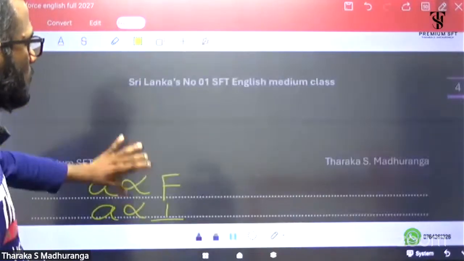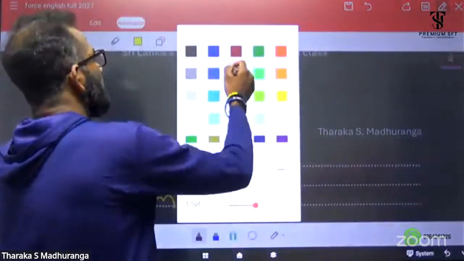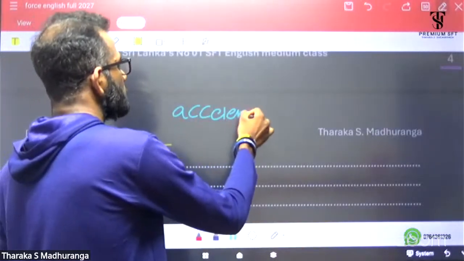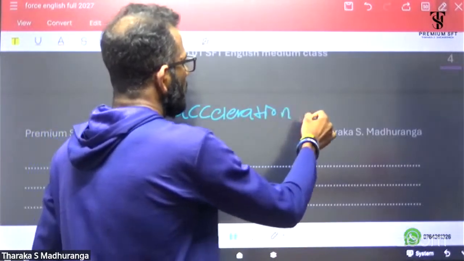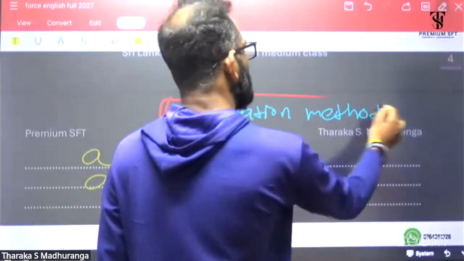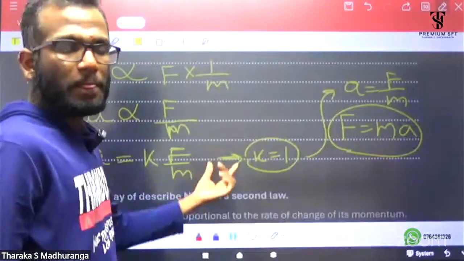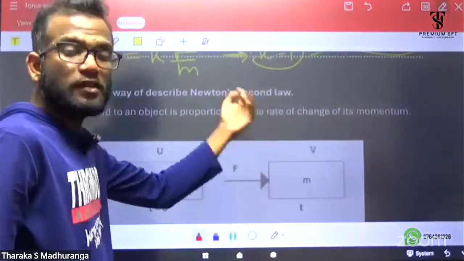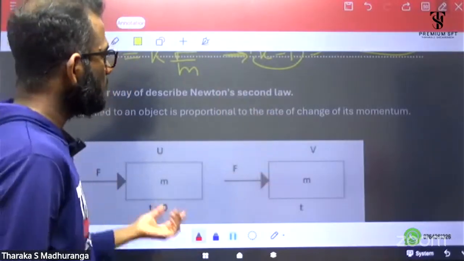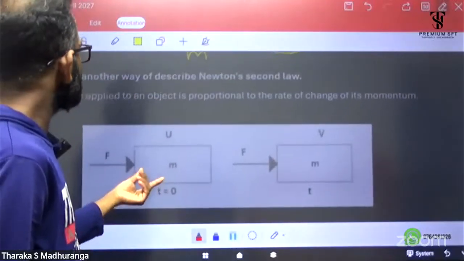Not given. In the acceleration method, we get F equals ma, correct. But there is another way that we call the momentum method. Now you already know the meaning of momentum.